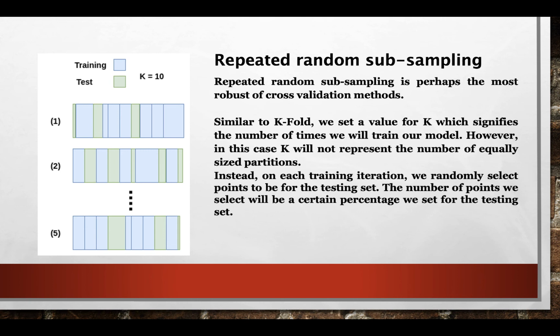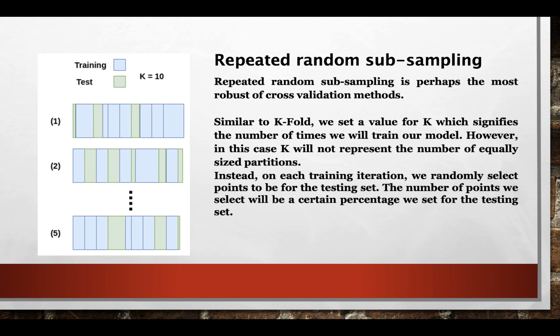The rest of the procedure continues the same as k-fold. Train on your training set, test each model on its unique test set, and average out the results at the end to obtain a final accuracy.